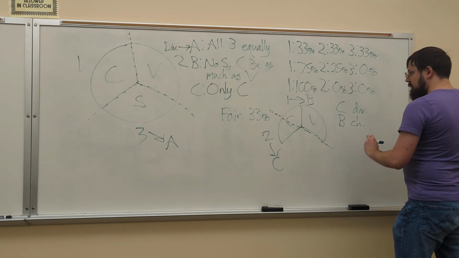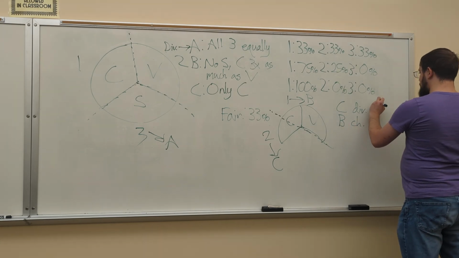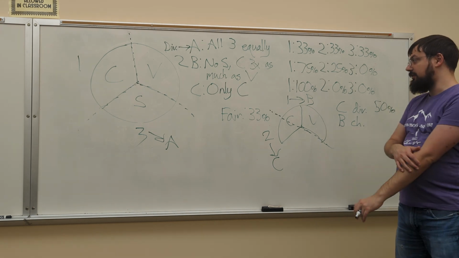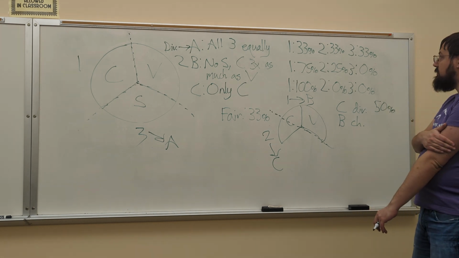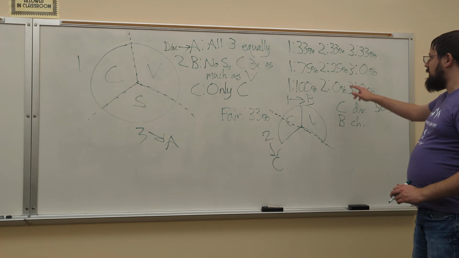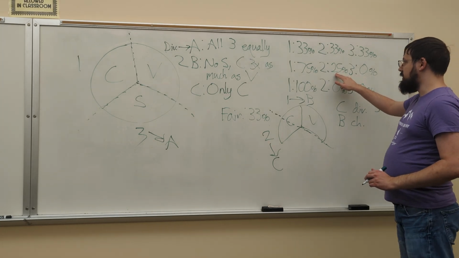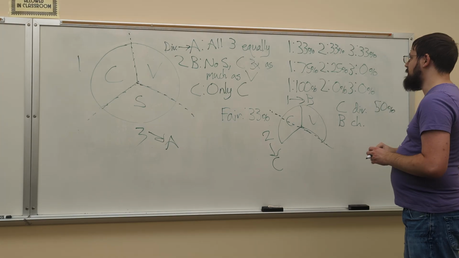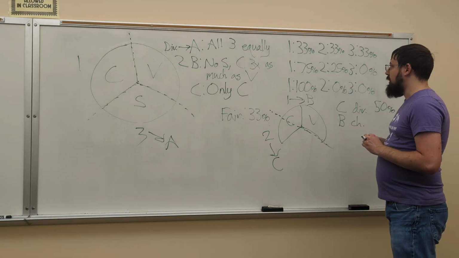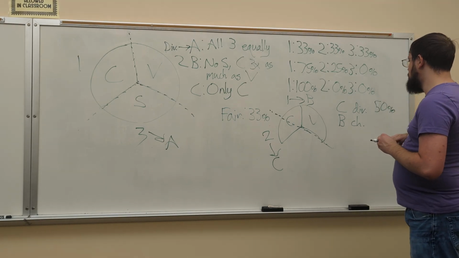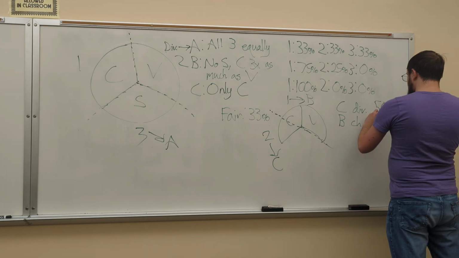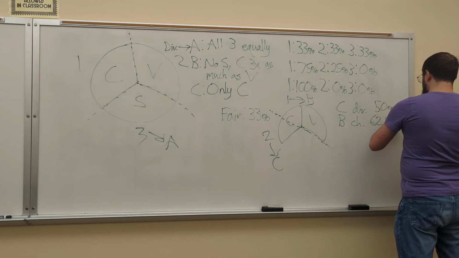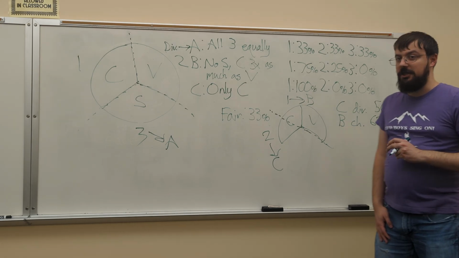So C gets a 50% share, so they're totally happy with that because that's more than 33%. And then B gets this 25% plus half of their 75%, so that would be 62.5%. B is very happy with their share of this.